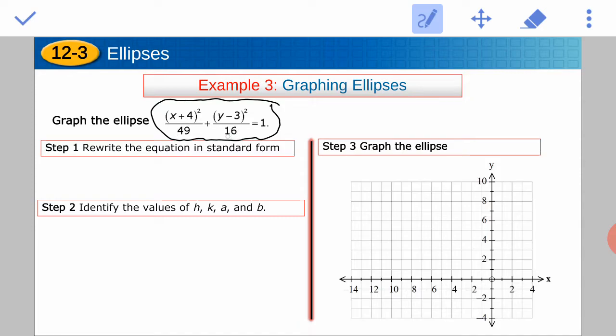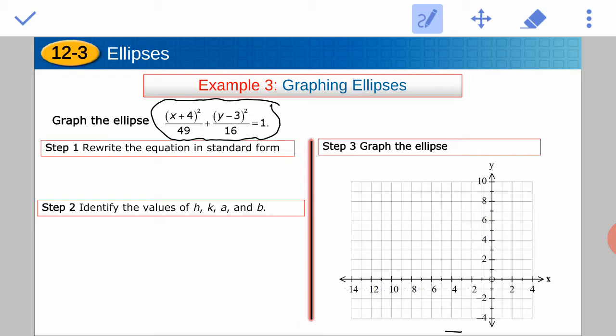In the formula we have this quantity divided by a squared, and y minus 3 squared is divided by b squared.